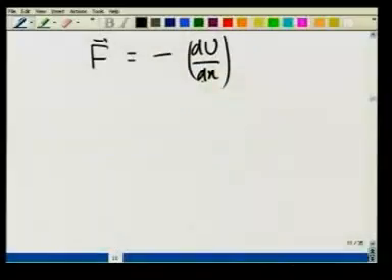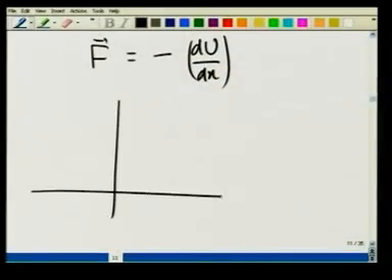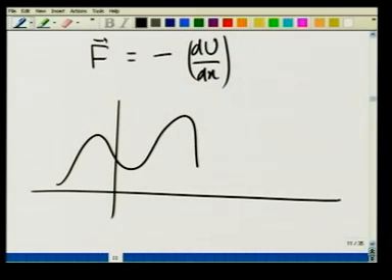That is quite understandable if I go back to the one dimensional case also. Recall there that f was equal to minus du dx, so that the force direction, if you recall that example, was towards decreasing u.